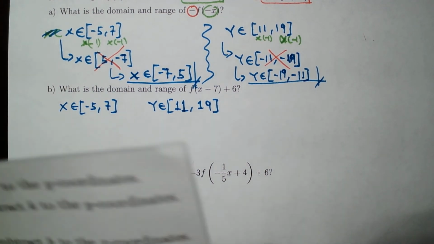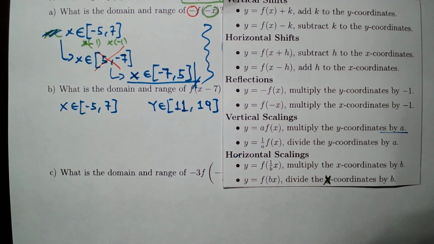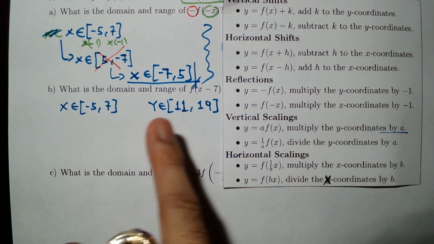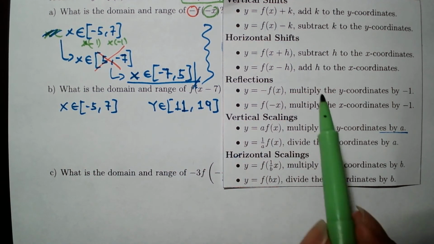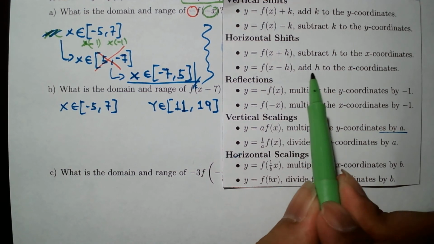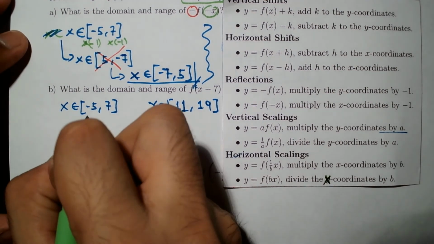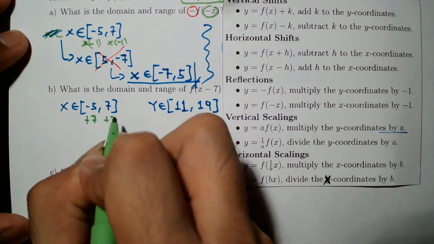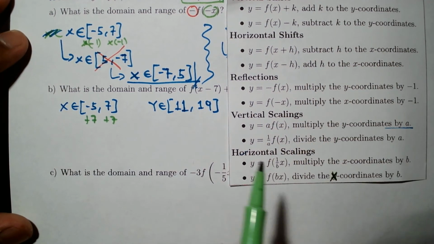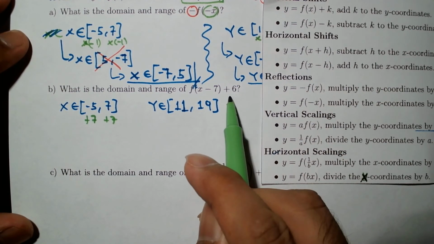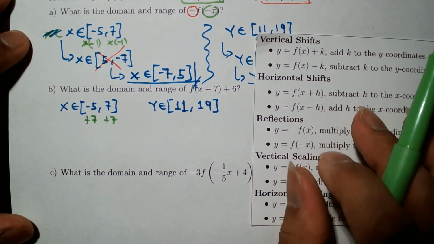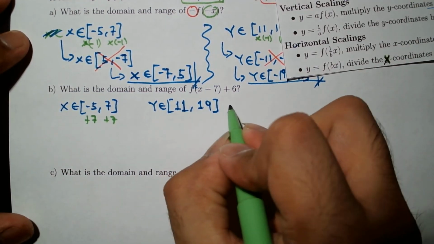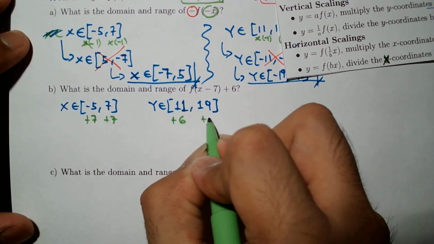Okay, reviewing the shiftings again. Here we have the following. So the -7 looks a lot like adding 7 to the x coordinate. So add 7. And for the y's, the +6, the plus k, looks like the very first form, which is also adding k, which is in this case add 6 and add 6.